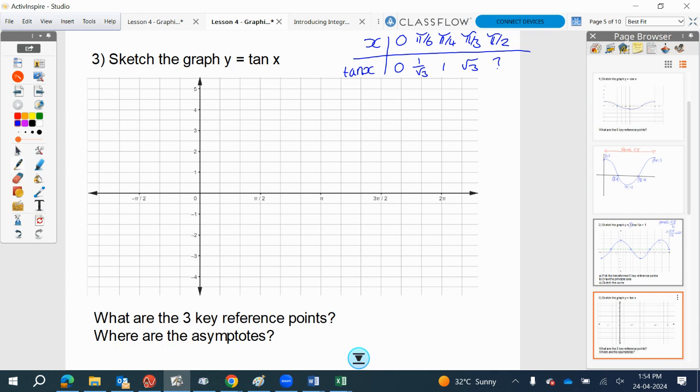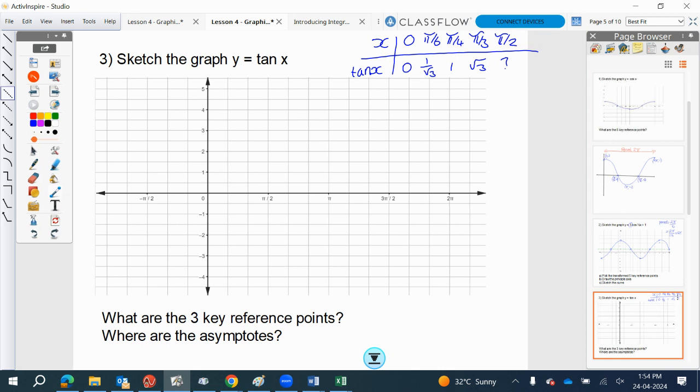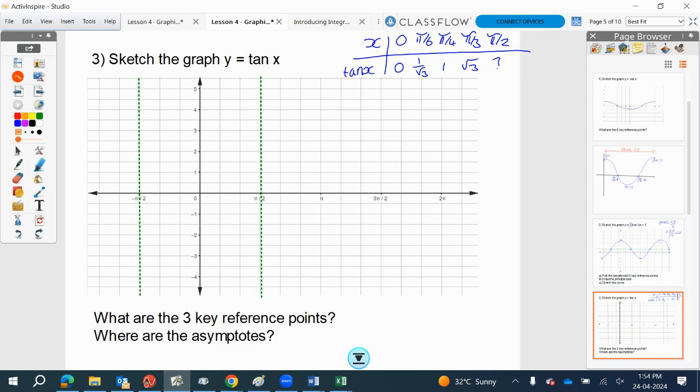So the standard tan function has a vertical asymptote at pi over 2. It has another one at minus pi over 2. It's going to go through 0, 0. We can see that in the exact value table, and it's going to go through pi over 4, 1. So this is 0, 0, and this is pi over 4, 1.